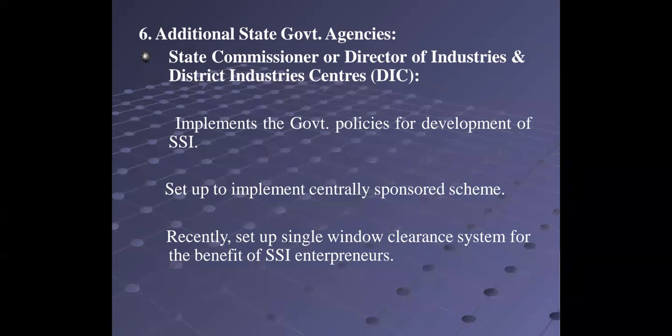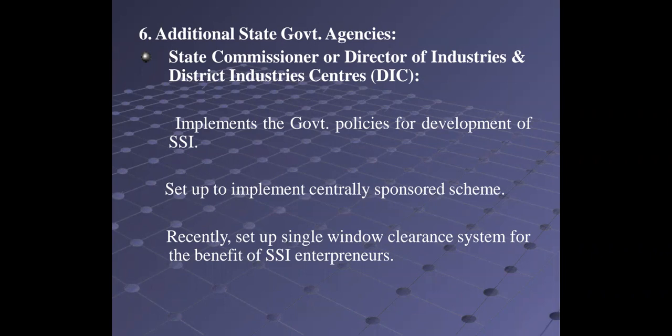that will be seen by the district industries center, set up to implement centrally sponsored schemes. Okay, so these district industrial centers will see that if there are any centrally sponsored schemes which the government is announcing, the scheme has to reach the right person, the rightly needed small scale industries entrepreneurs.